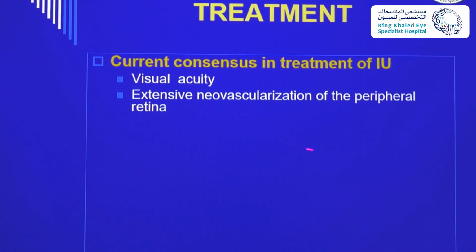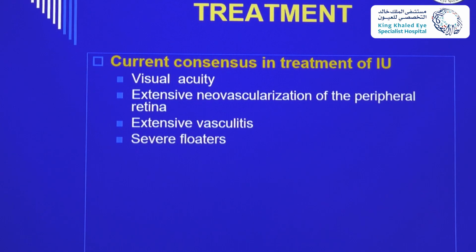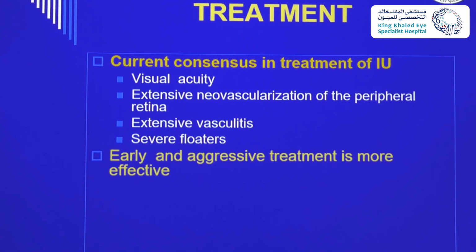The current consensus in the treatment of intermediate uveitis depends on the visual acuity, extensive neovascularization of the peripheral retina, extensive vasculitis, and severe floaters, and early and aggressive treatment is more effective in these patients. So, the vision of the patient: if the patient has vision of 20/25 with fewer signs of inflammation, this patient could be observed, or given just topical medication.